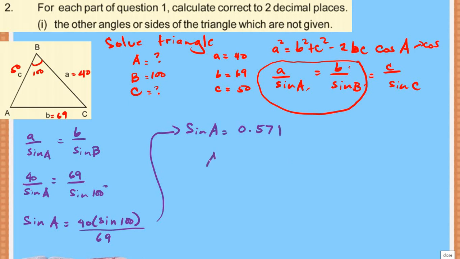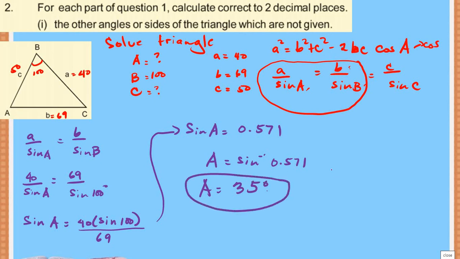Get angle A. That would be angle A is equal to inverse sine of 0.571. And the angle would be 34.8, or to the nearest degree, the angle would be 35 degrees.